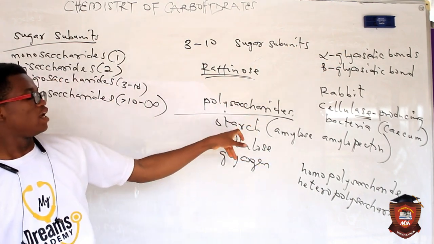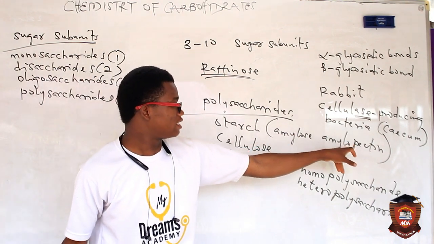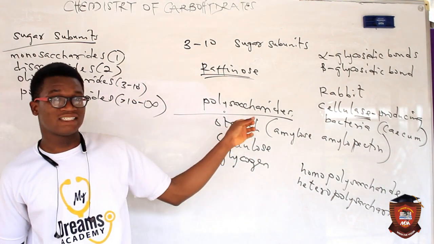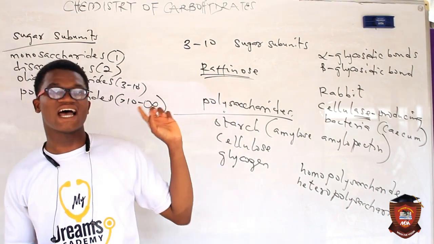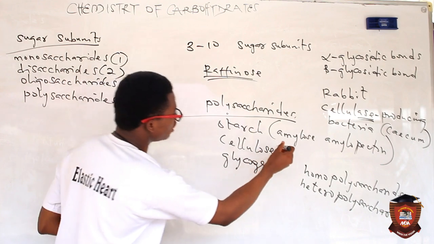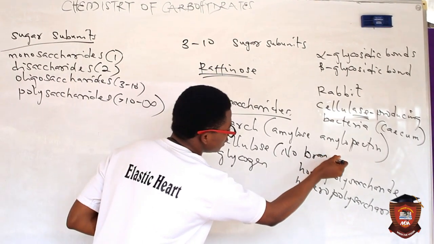We have the starch, which has the soluble part amylose and the insoluble part amylopectin, and it is a branched giant molecule. But we have the cellulose that has no branching. So we need to note that cellulose does not contain any branches.